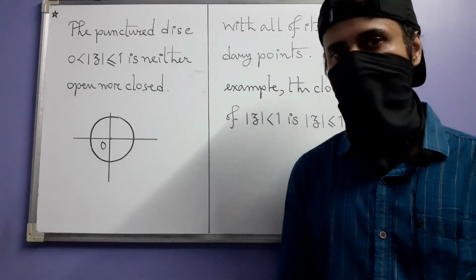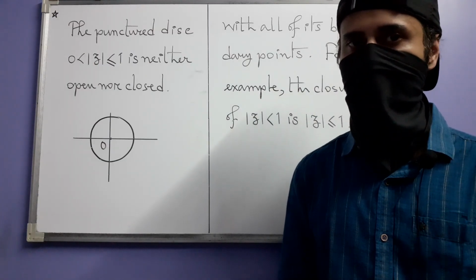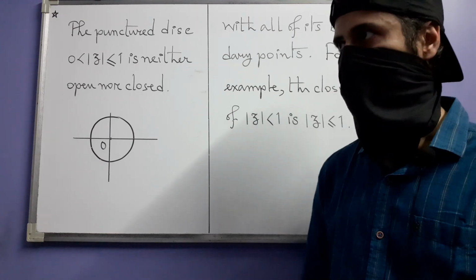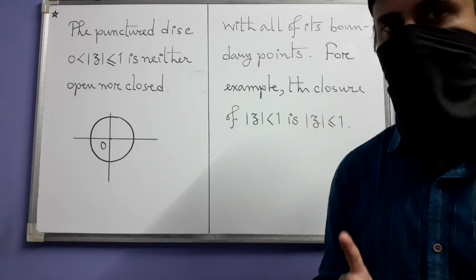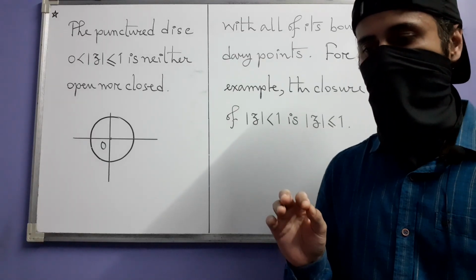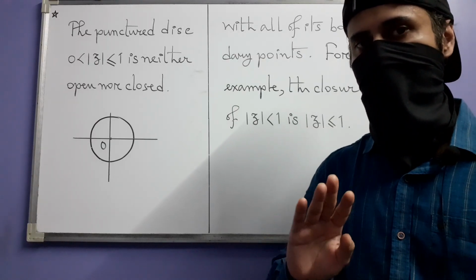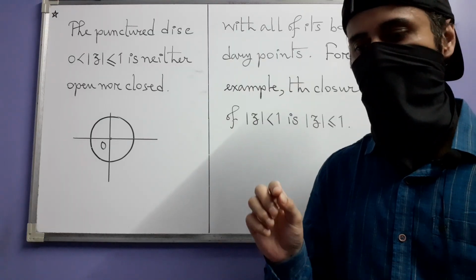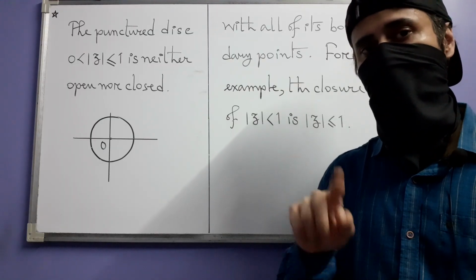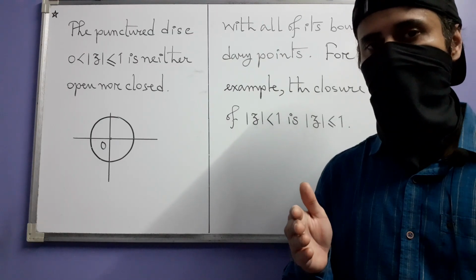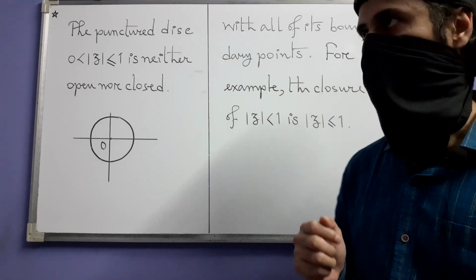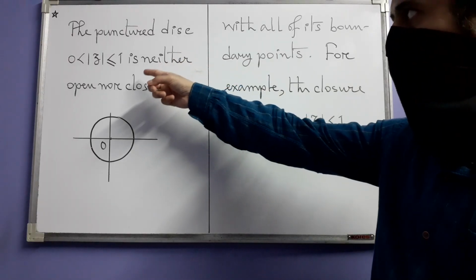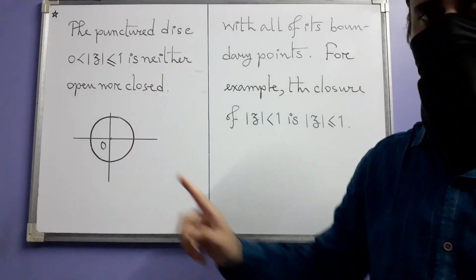There are some sets in the complex plane which are neither open nor closed. The reason is the definition of open and closed sets involving boundary points. Open sets are sets which contain none of their boundary points. Closed sets are sets which contain all of their boundary points. So between these two extremes, there obviously will be intermediate states. For example, this punctured disk is neither open nor closed.